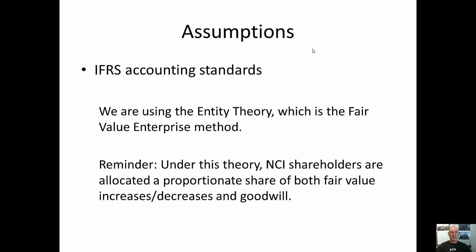Before we start, I would like you to know that I'm using IFRS standards for this video. And IFRS allows two theories, so we're using the entity theory, and often that's referred to as the fair value enterprise method. Under this particular theory, when we have non-controlling interest shareholders, they receive their own proportionate share of fair value increases or decreases, as well as a share of goodwill.